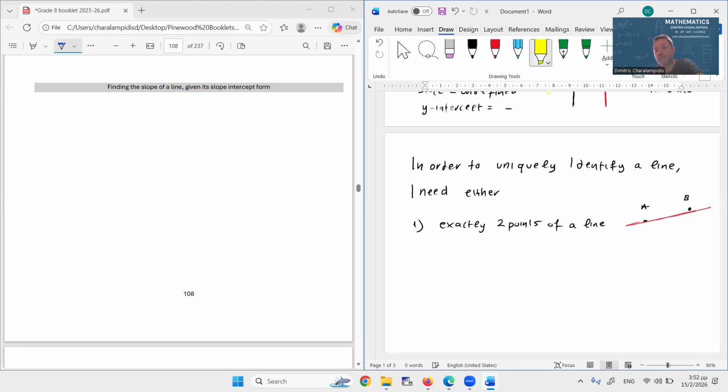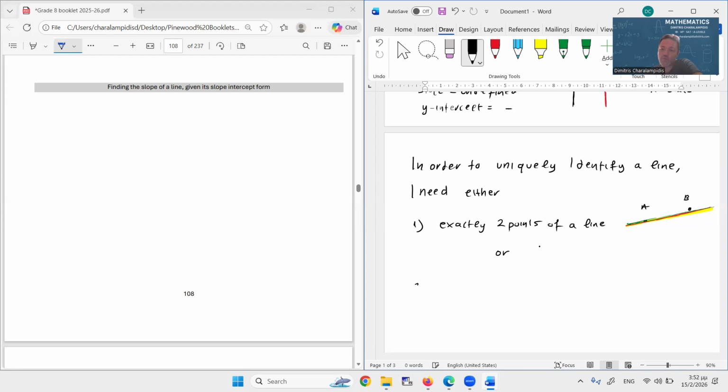For instance, if I have 2 points A and B, all of us would draw the same line. So we have discussed that again. If we just have 2 points, we can easily determine one unique line. So if we have 2 points, that's enough.